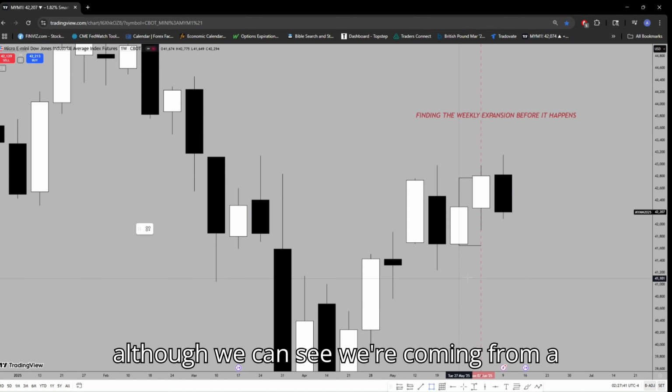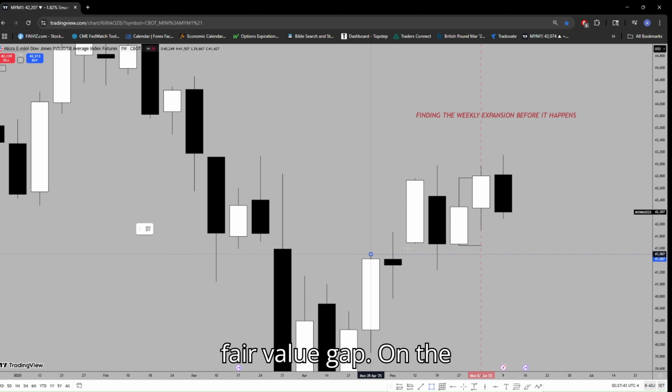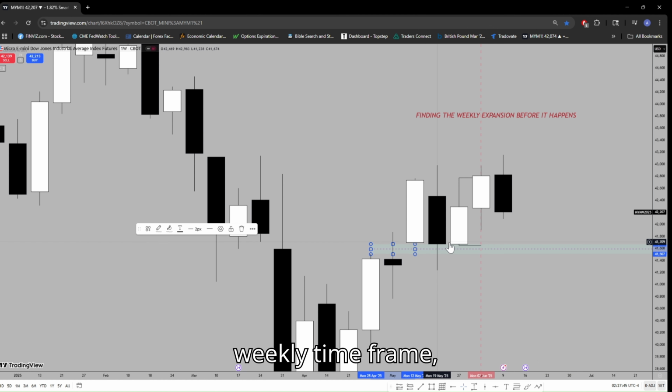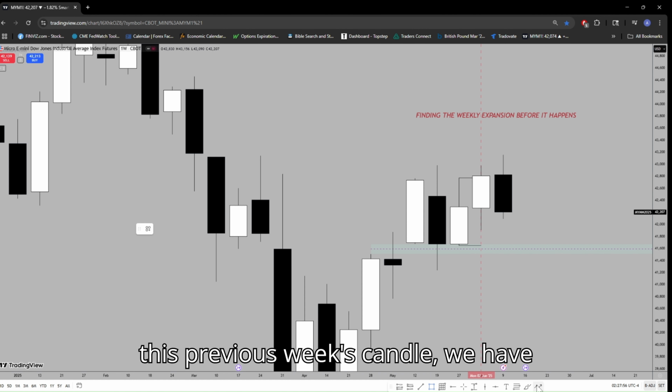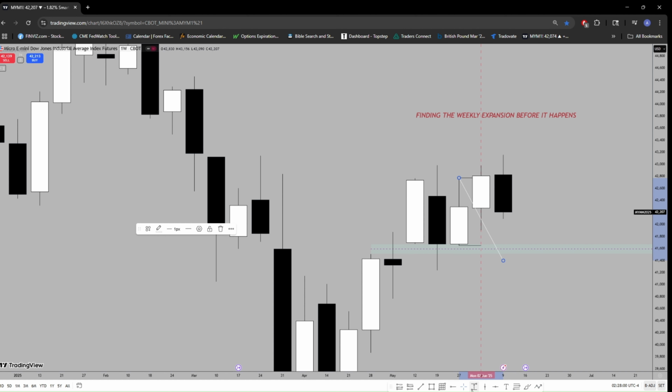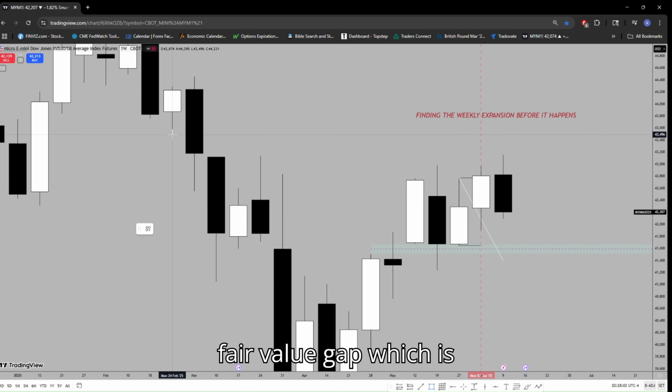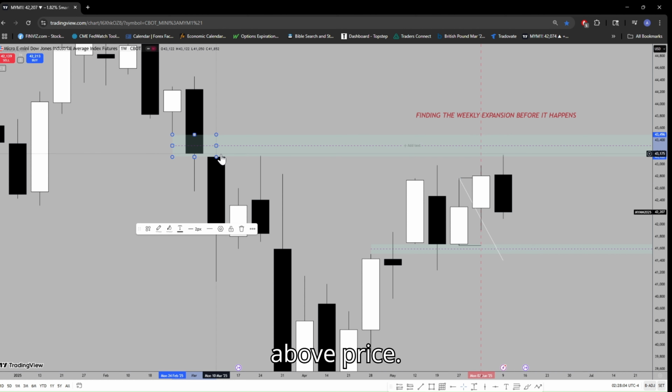Although we can see we're coming from a fair value gap on the weekly time frame. If we're looking past this previous week's candle, we have a fair value gap which is above price.